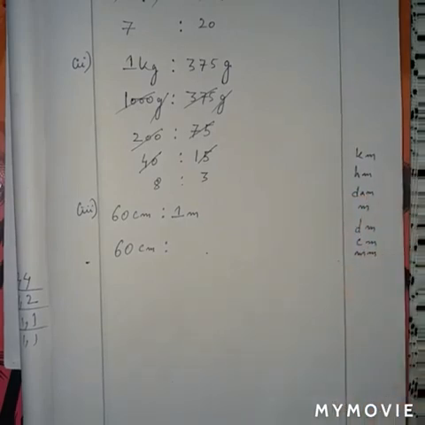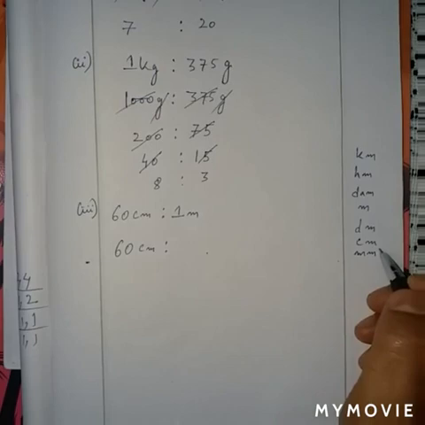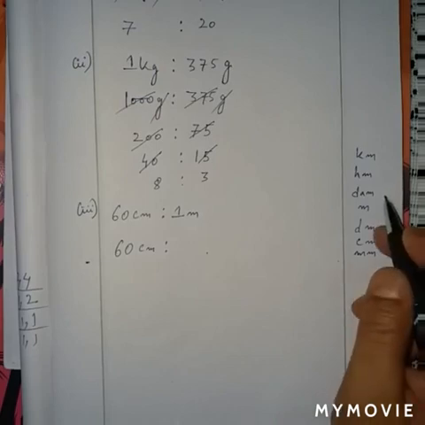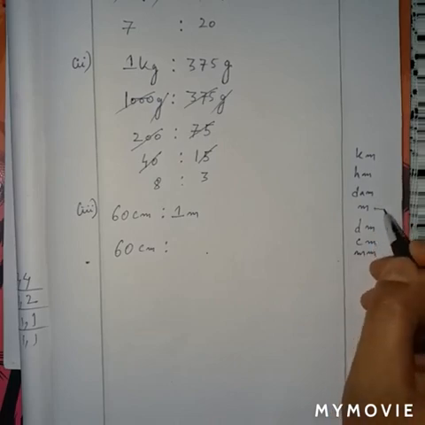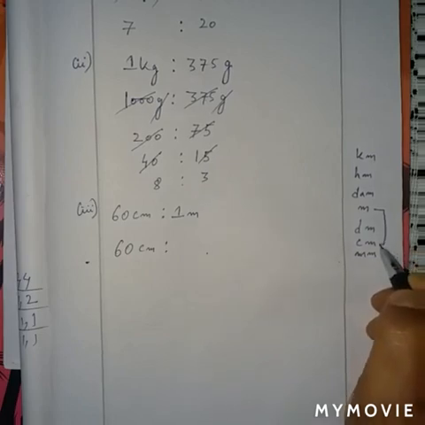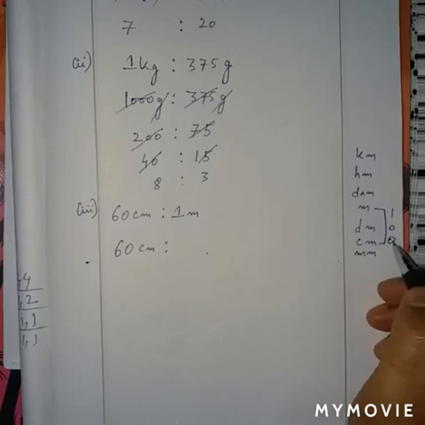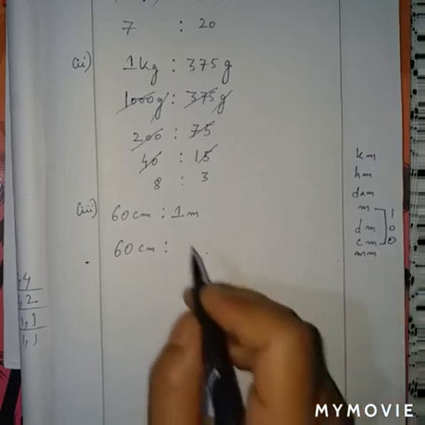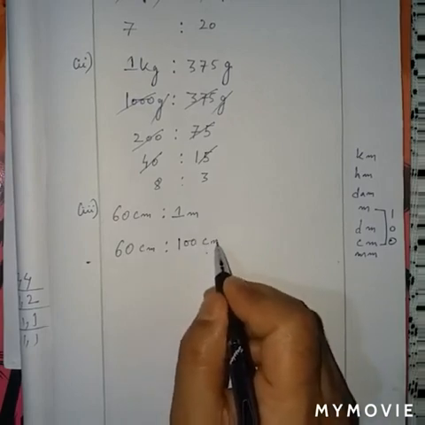So when we are converting from bigger unit to smaller unit, we have to multiply, and when we are going from smaller unit to bigger unit, then we have to divide. Okay, so here meter is becoming centimeter, so here 10, 10, so 100 is the number for this conversion. So 100 into 1 is 100, meter becomes centimeter.